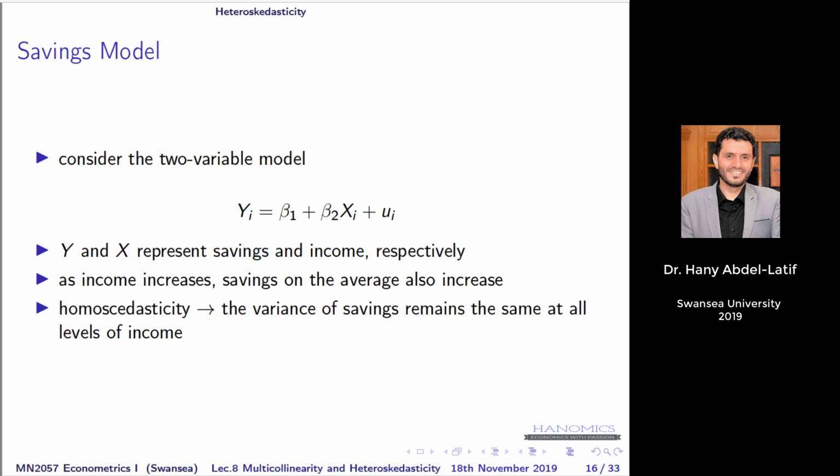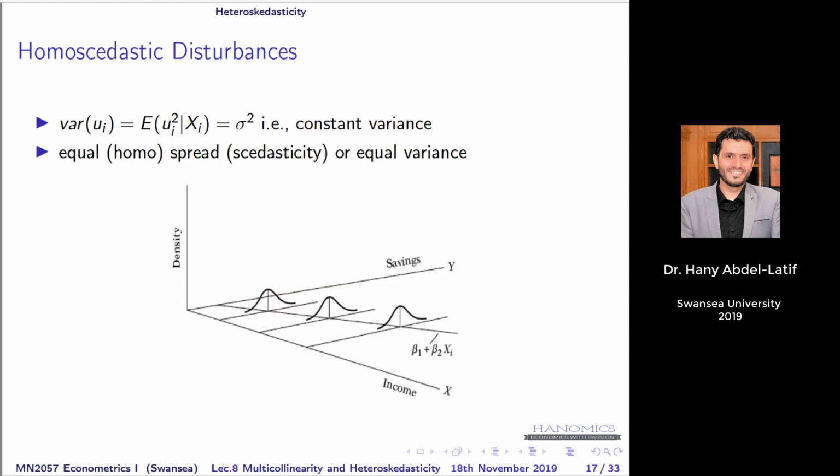If the assumption that we made about the error variance, assumption 4, was true, then that means the variance of savings remains the same at all levels of income. So if you look at this, it's kind of what you see now. The way they spread around that regression line seems to be the same.